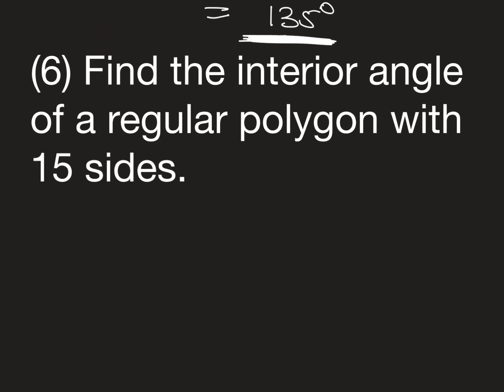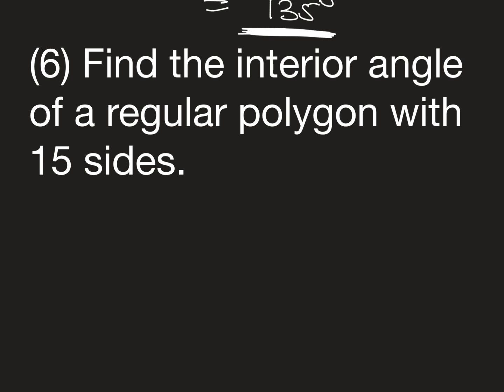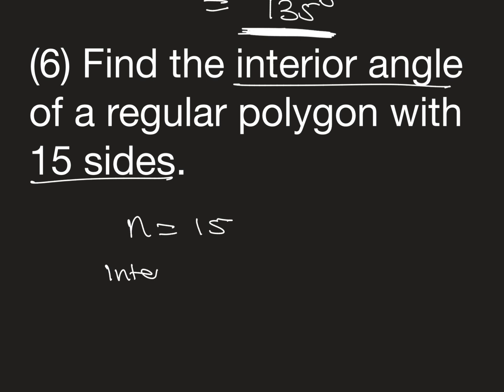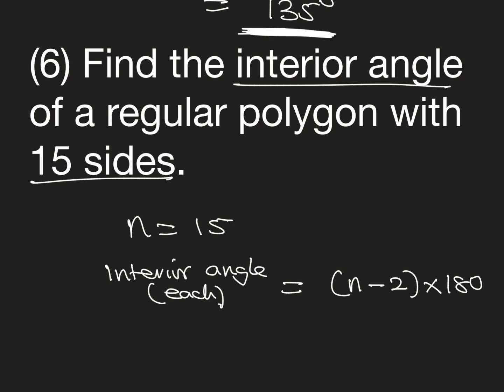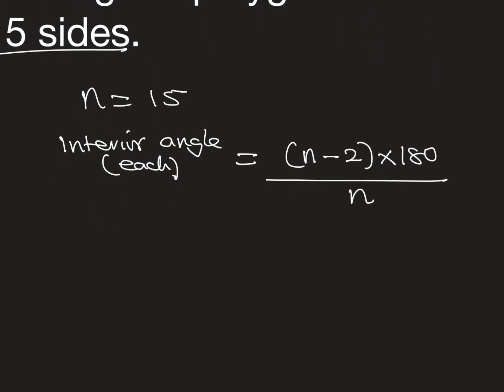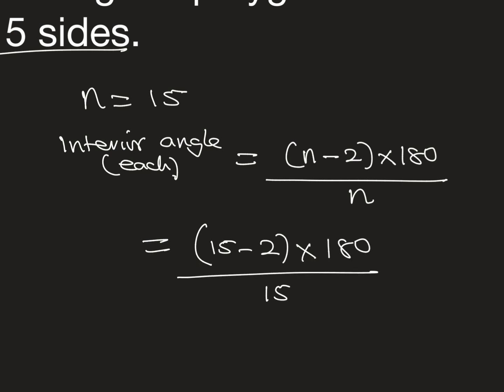Moving on to the next question. It says, find the interior angle of a regular polygon with 15 sides. So the number of sides is 15. They are asking us to find the interior angle. The interior angle, otherwise known as each interior angle, is given by the formula (n minus 2) multiplied by 180 divided by n. So each interior angle is going to be, n is 15, so (15 minus 2) multiplied by 180 divided by 15.